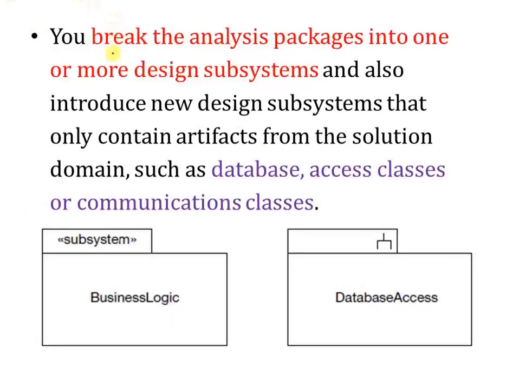So you can break the analysis package into one or more design subsystems, and also we can introduce design subsystems. Until this particular session, you have analyzed various classes from the requirement specification, you have modeled everything, and your design classes are ready with you. Now you take the analysis classes and convert them into analysis packages.